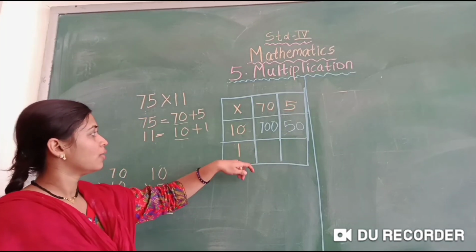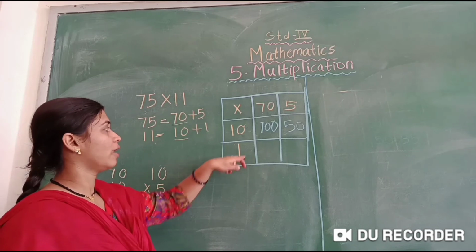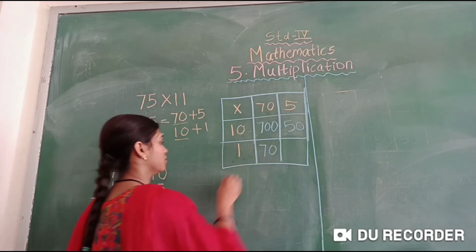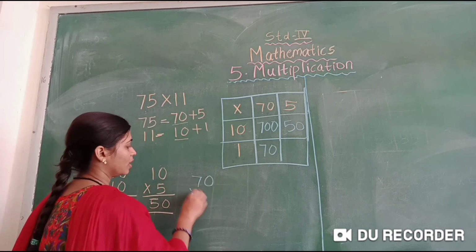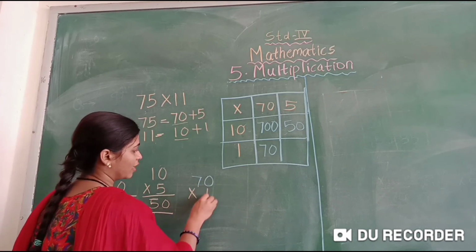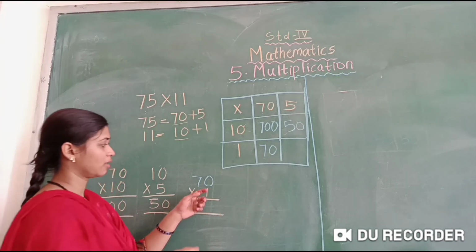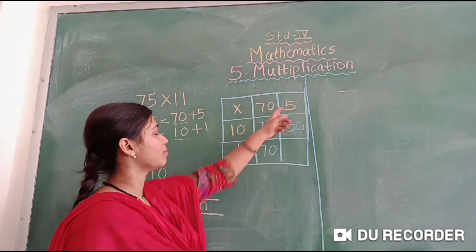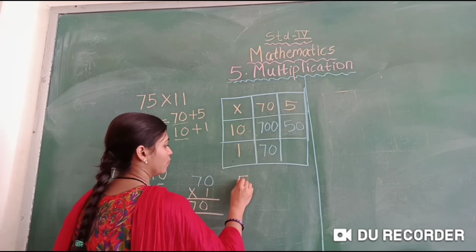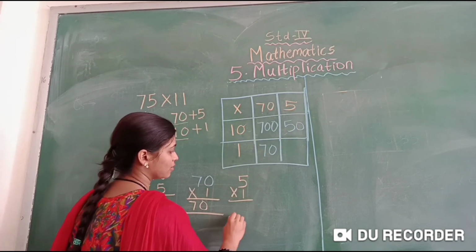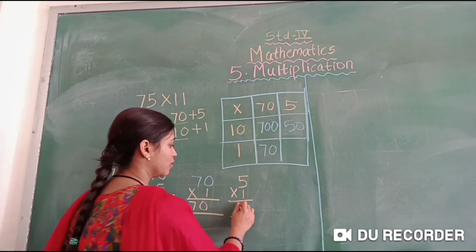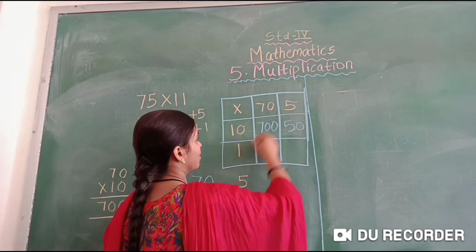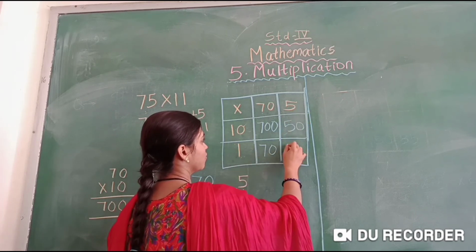Now the second number is 1. 1 multiplied by 70 is 70. 70 multiplied by 1 is how much? 70. What is the second number? 1 multiplied by 5. 5 multiplied by 1 is 5. Therefore, what answer will come here? 1 multiplied by 5 is 5.